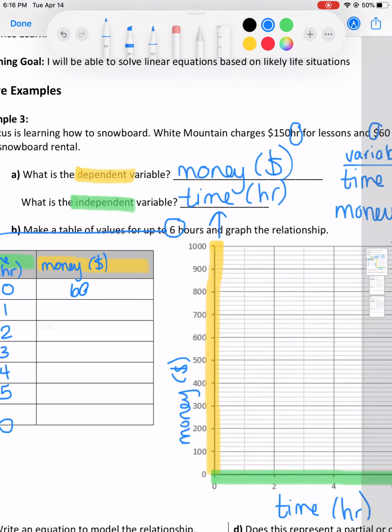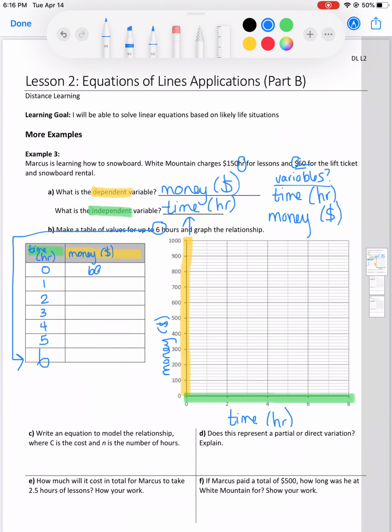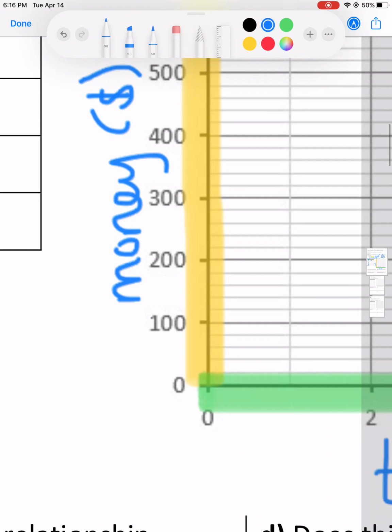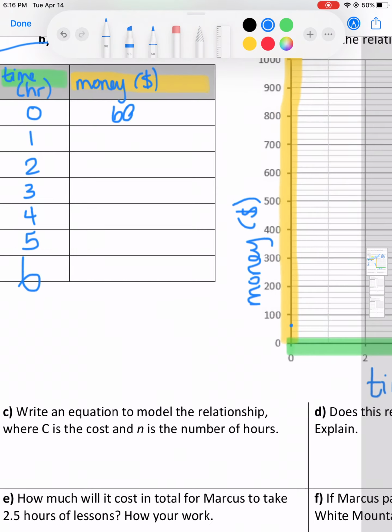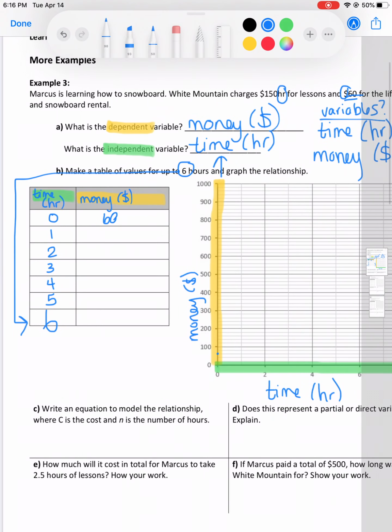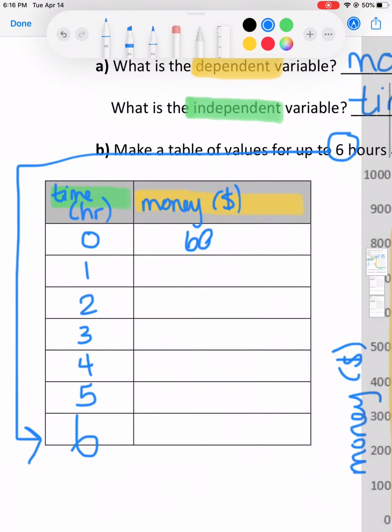It's the base price. So at 0 time, he has spent $60. So look at these lines, 2, 4, 6, 8, 10. They're very small. Just go as close as you can, okay? I'm not too worried. I'm going to get the idea. So the time, we know it's $150 per 1 hour.